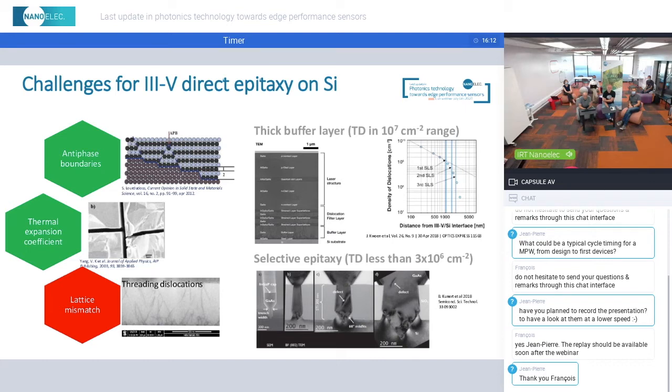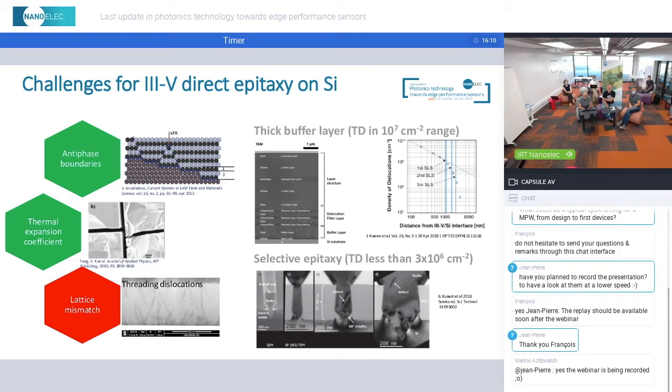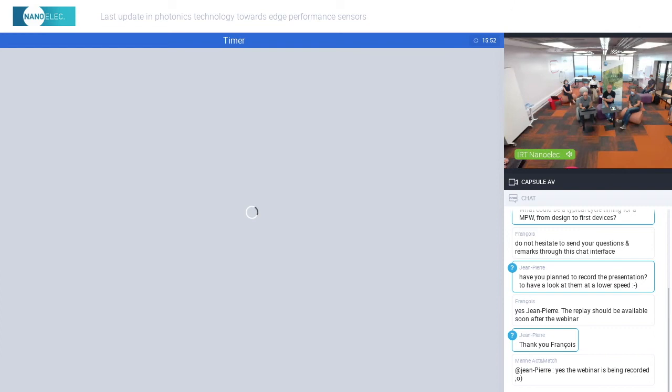And you can also use selective epitaxy. In that case, you grow III-V in a SiO2 cavity, for example, directly on silicon. And our colleagues from IMEC have obtained very interesting results where they show that the dislocation density can be decreased in the 10 to the 6 per square centimeter region.